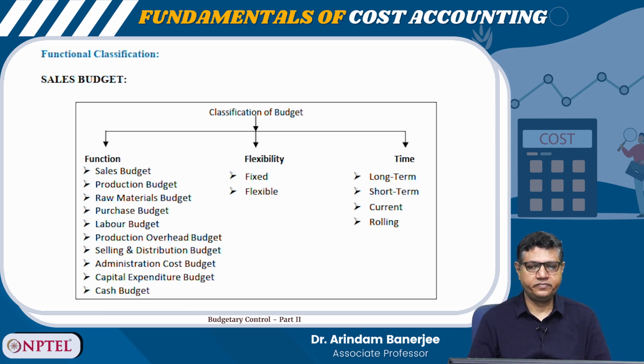Now, as you can see, we can prepare the sales budget, production budget, raw material budget, purchase budget, labor budget, production overhead budget, selling and distribution budget, administration cost budget, capital expenditure budget and cash budget.